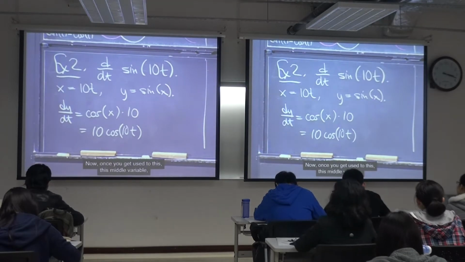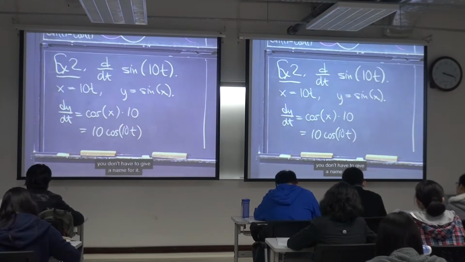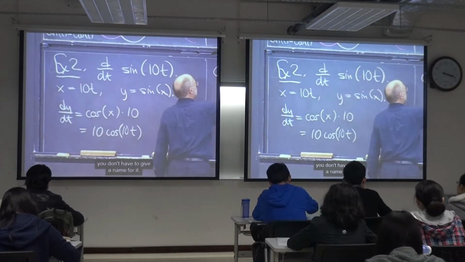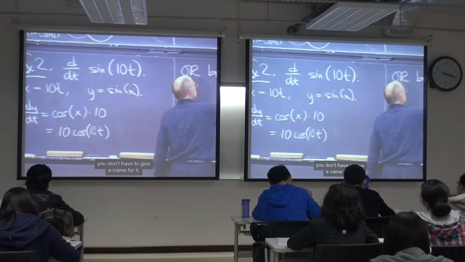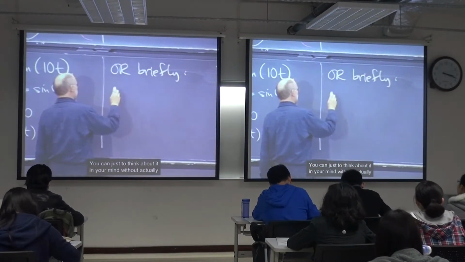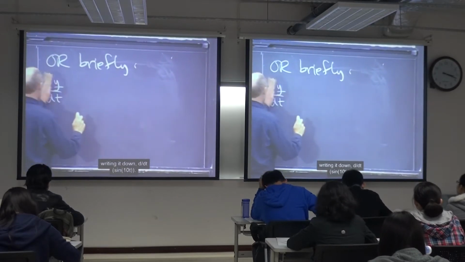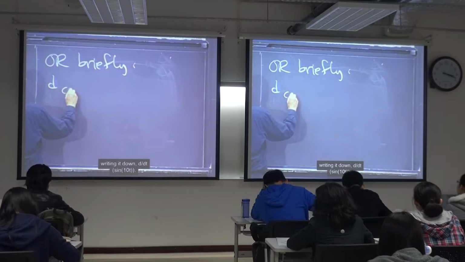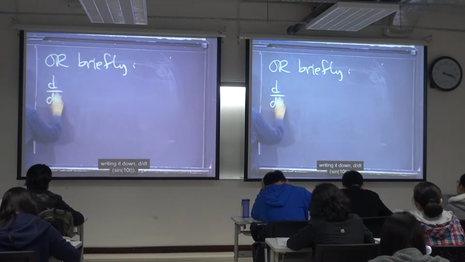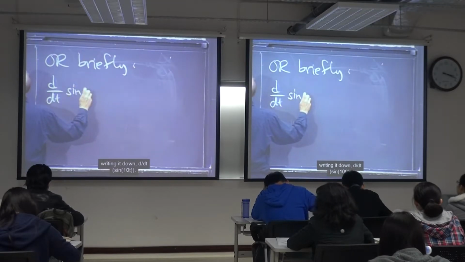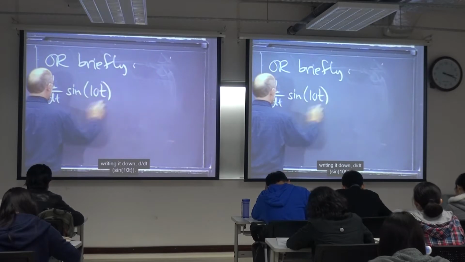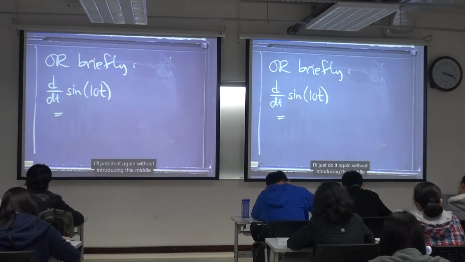Now, once you get used to this middle variable, you don't have to give a name for it. You can just think about it in your mind without writing it down. Let me do the derivative of sine of 10t again without introducing this middle variable explicitly.